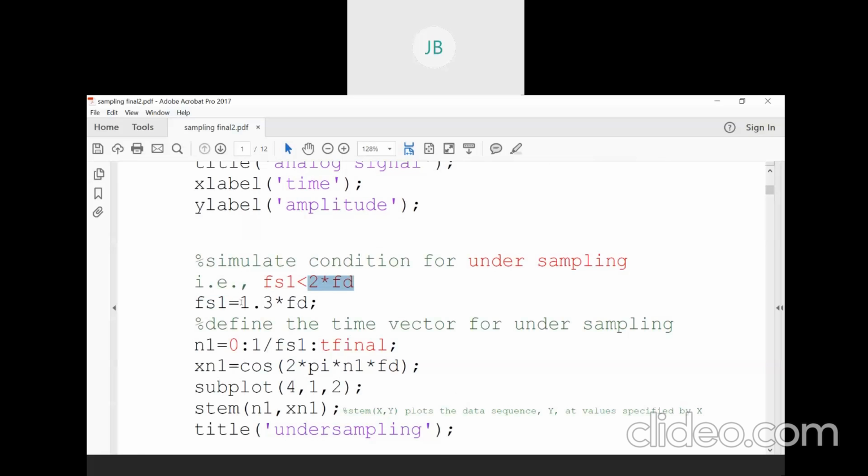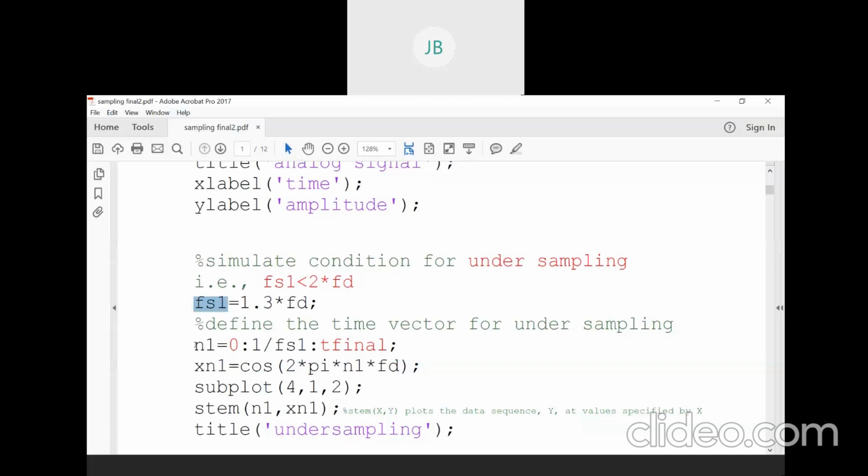Less than means it can be 1.3 or 1.4, any value less than 2. So we will consider it as 1.3 times the input frequency. That becomes the sampling frequency. So this represents an undersampling case because the sampling frequency is less than 2 times the maximum frequency component.